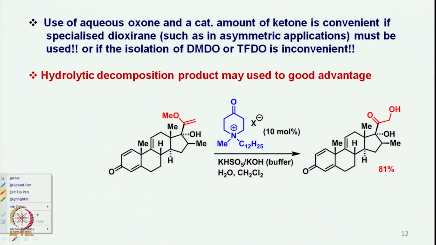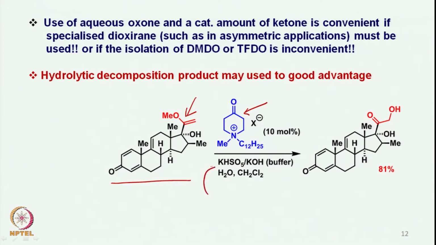Here for example you have a substrate of this kind, and if you have this enol ether, then one can prepare the corresponding dioxirane in a very interesting way, which is to use this ketone which has an ammonium salt, so that it is soluble in water, and one can have the oxone and a potassium hydroxide buffer.